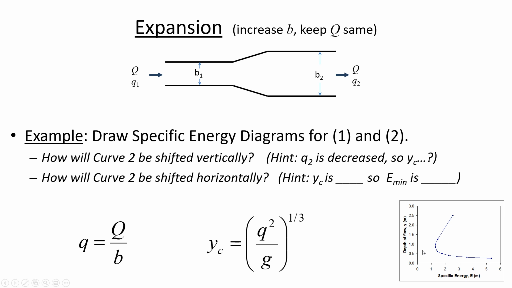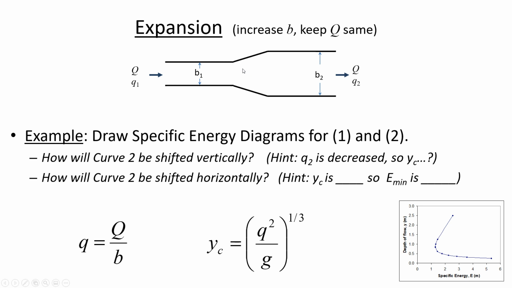Okay, so in an expansion, the flow per unit width is decreasing because B is getting bigger. I've talked about how if the channel contracts, that shifts the specific energy diagram up and to the right.